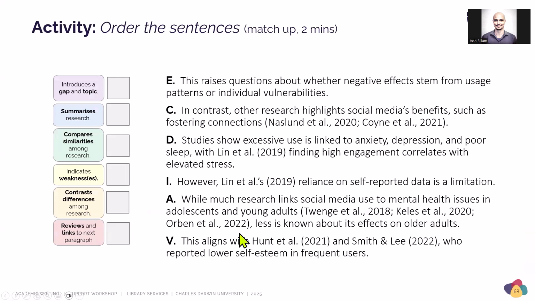So that's a good example of elements that can be included in the paragraphs of your literature review. Don't just summarize a bunch of articles. Summarize them, compare and contrast them, try to find weaknesses with them, show how they differ from other people's research, and then link it all back to the main thesis of your lit review.